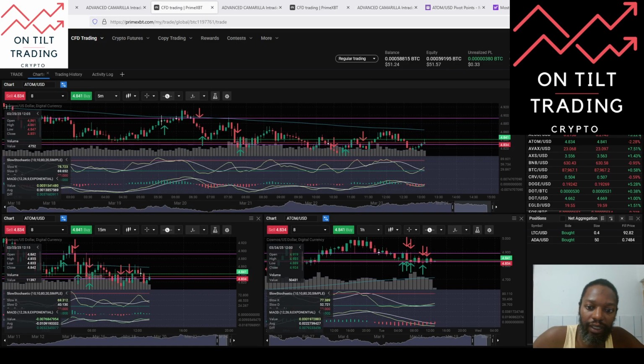Also with Camarilla pivot points, this being S4 right here, any currency pair that trades below S4 is a short signal on the Camarilla pivot system.